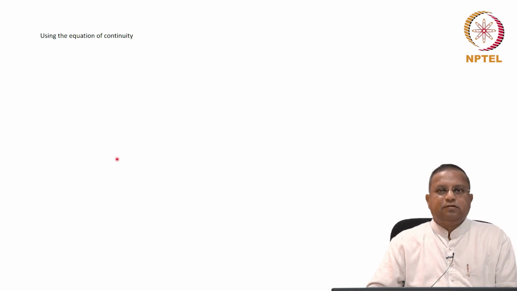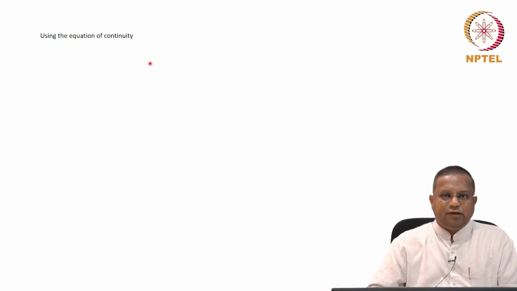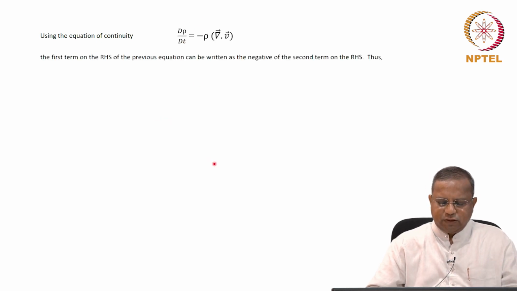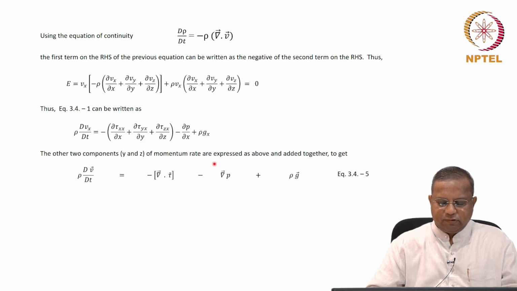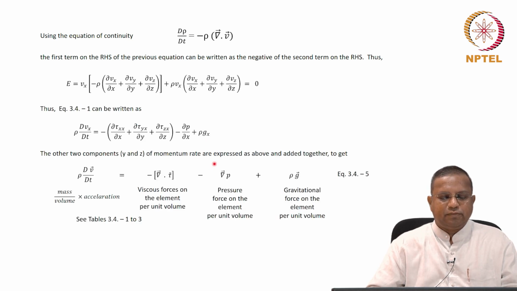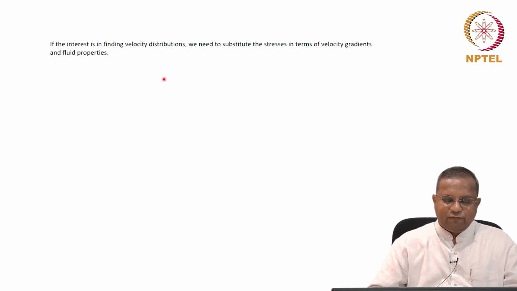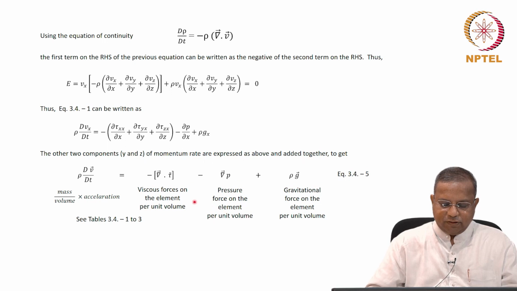Now, let's move forward. Let's try to understand a few more things here. Now, using the equation of continuity, which I think is what I showed you earlier, we have this equation in terms of velocity, shear stress, pressure, and gravity.